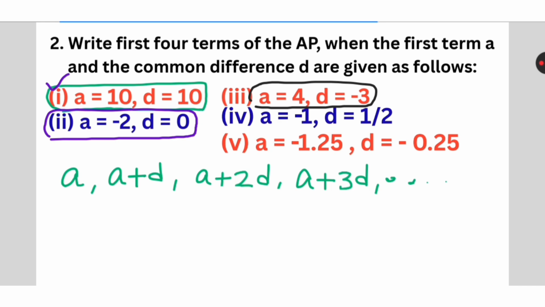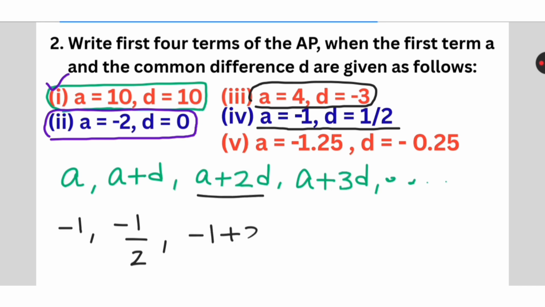Now let's see the fourth question. A is minus 1, D is 1 by 2. So A is minus 1. Here write A, which is minus 1, plus D, which is 1 by 2. Minus 1 plus half gives minus half, isn't it? So we can directly write this as minus 1 by 2. And here the third term is A plus 2D. So the third term is minus 1 plus 2 times D, where D is 1 by 2. Here the 2 gets cancelled.